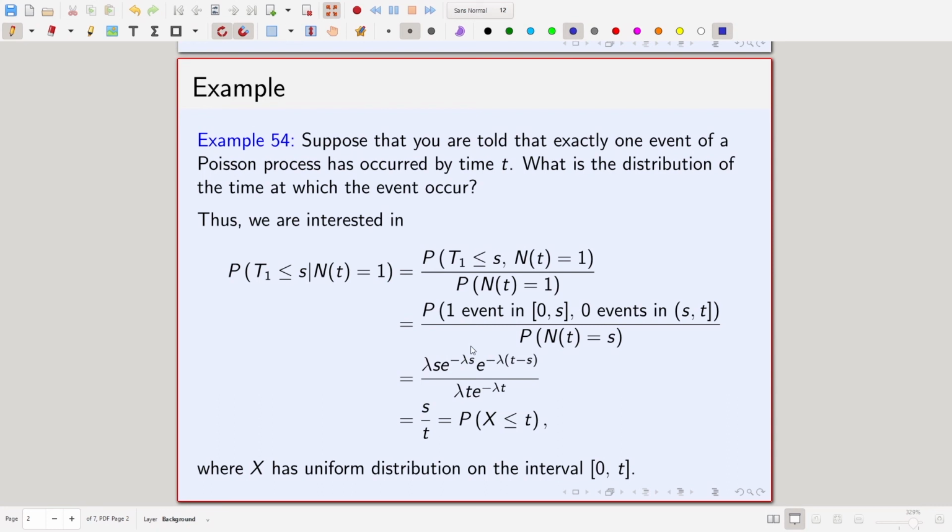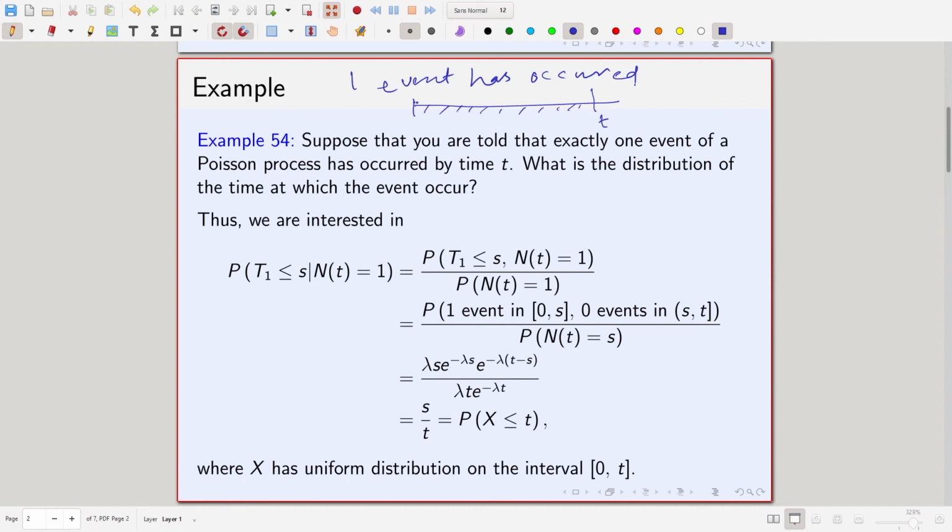Suppose that you are told that exactly one event of a Poisson process has occurred by time t. So, say this is time t, and you were told that in this interval one event has occurred. Now, you are given that information that there has been one event within the time interval 0 to t.